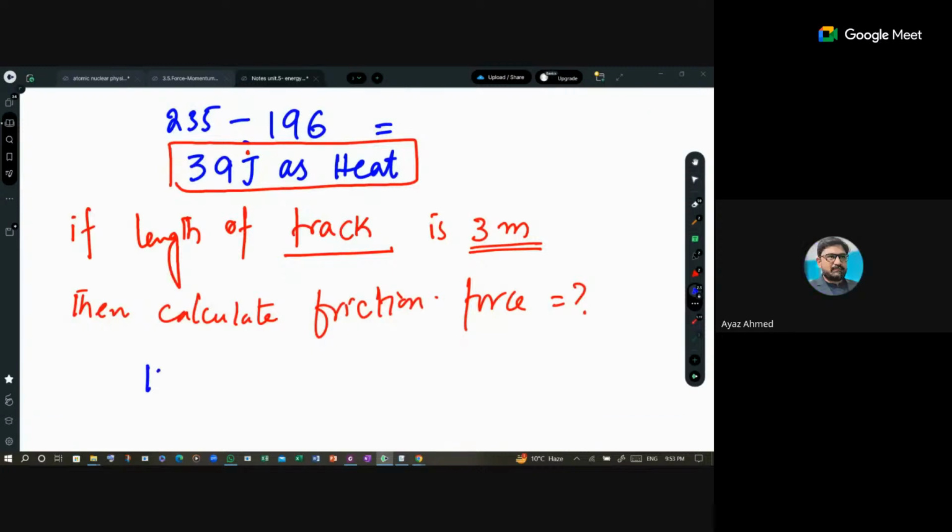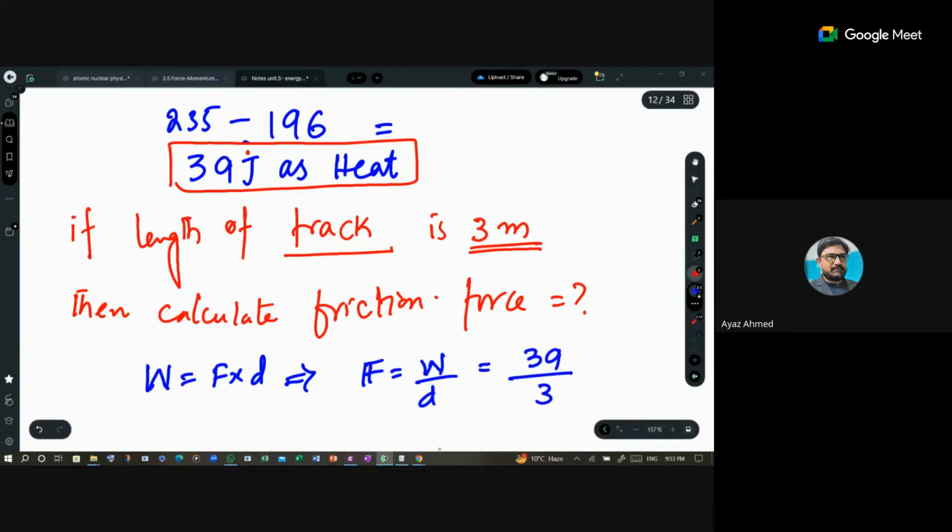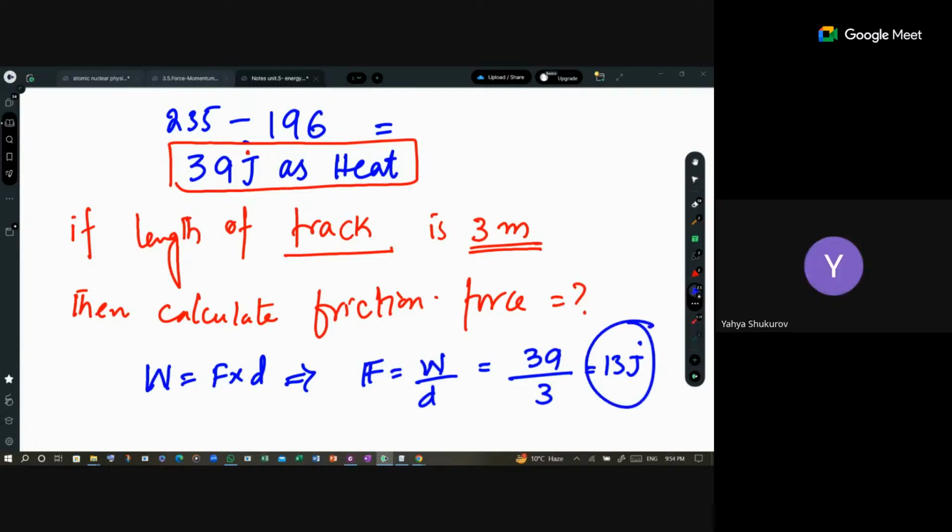You know W is equal to F into D. This shows that F is equal to W divided by D. So W is 39 and D is 3, so you will get 13. Sorry, 13 newtons, not joules.